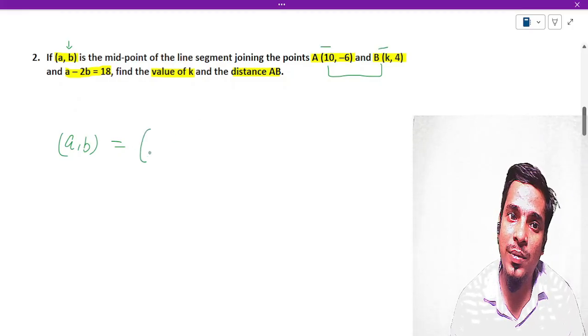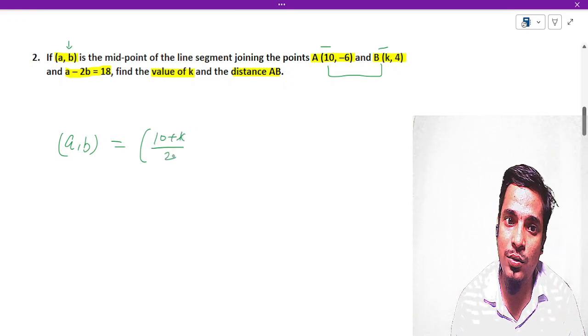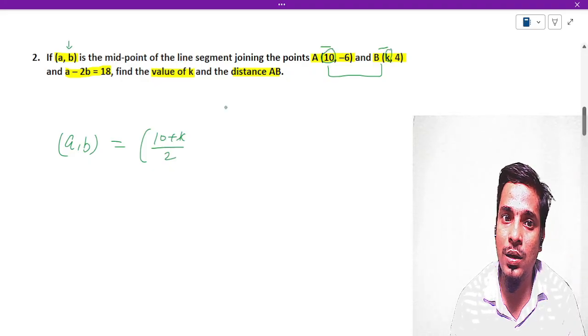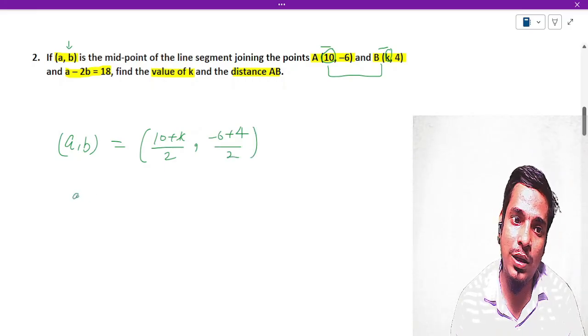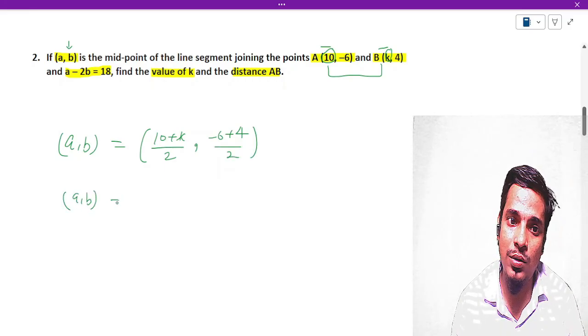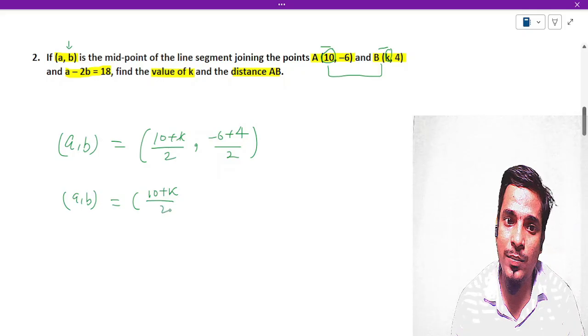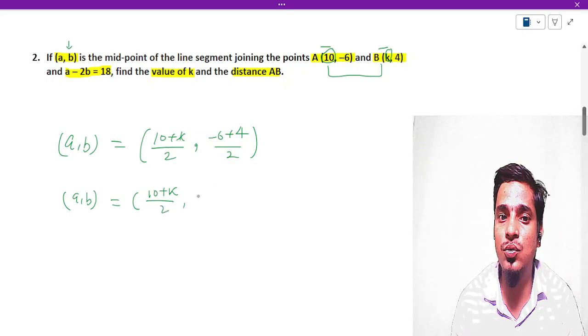So (a, b) is nothing but (10 + k) by 2, the sum of the x coordinates divided by 2, and the sum of the y coordinates, (-6 + 4) by 2. So (a, b) is equal to (10 + k) divided by 2, and here this will be -2 by 2.